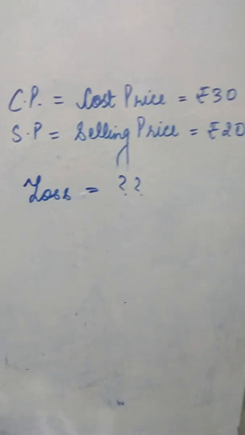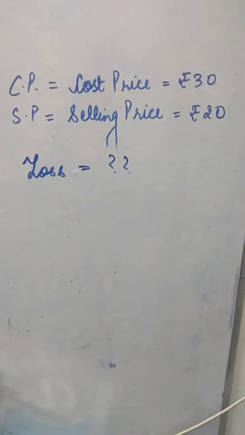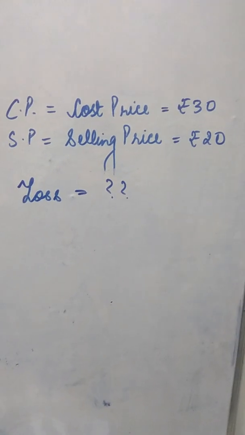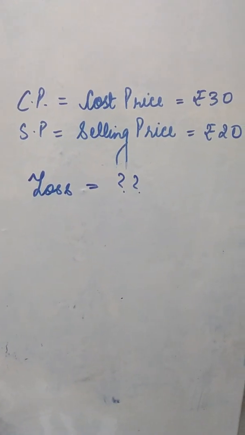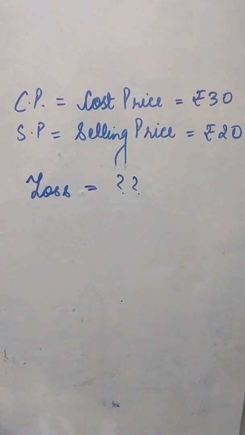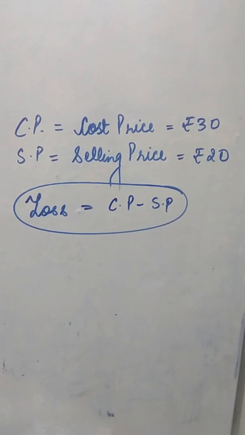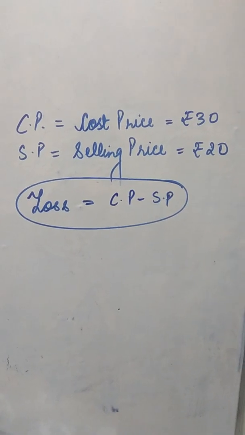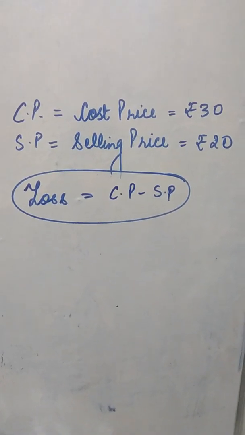Well, if it is a loss, then how do we calculate the loss? Simply, we just need to subtract SP from the cost price. So in this case, it is 30 minus 20, that is rupees 10. So John suffers from a loss of rupees 10.